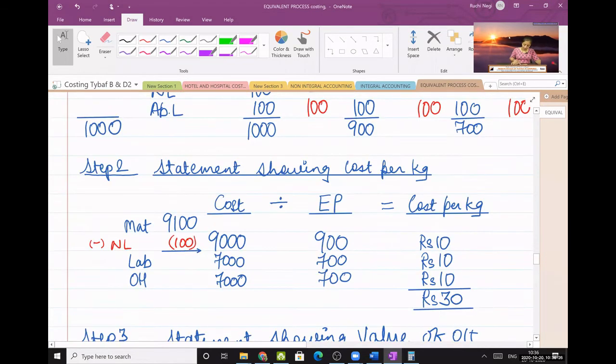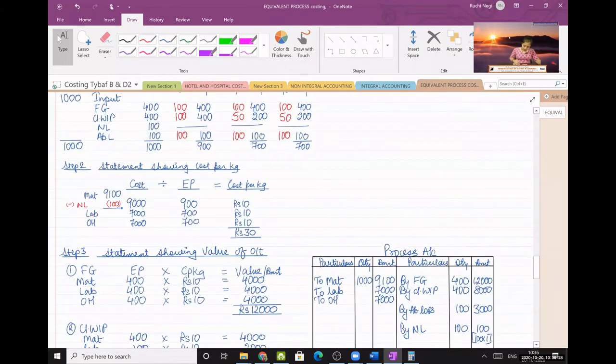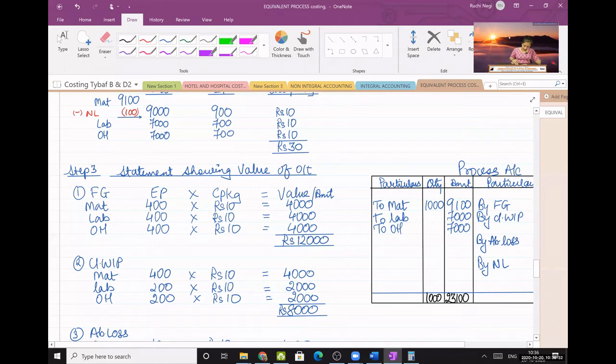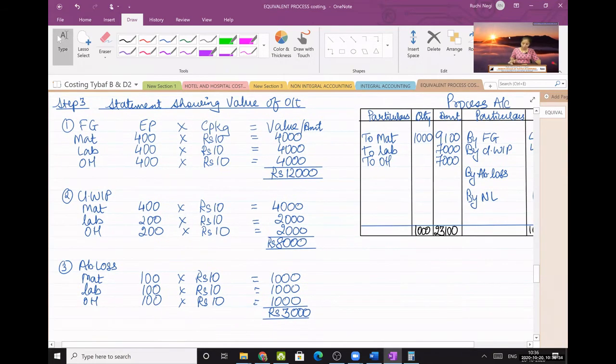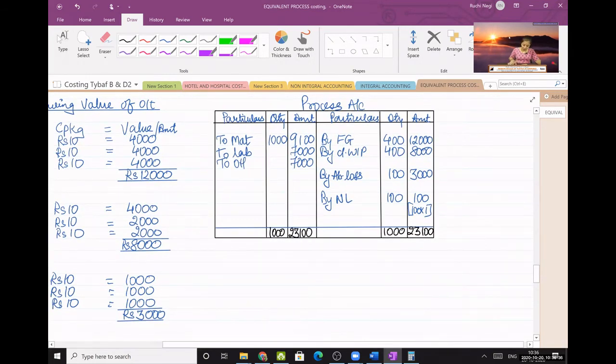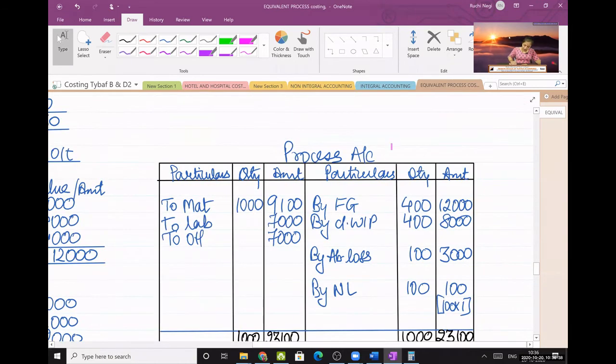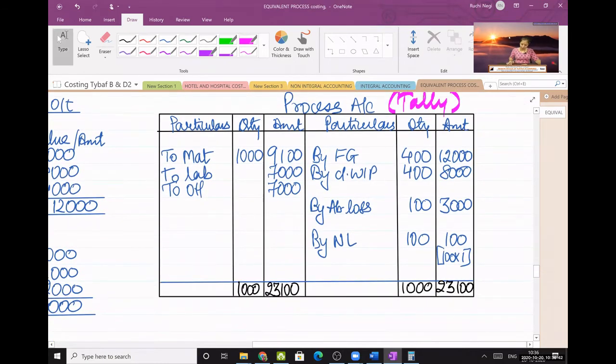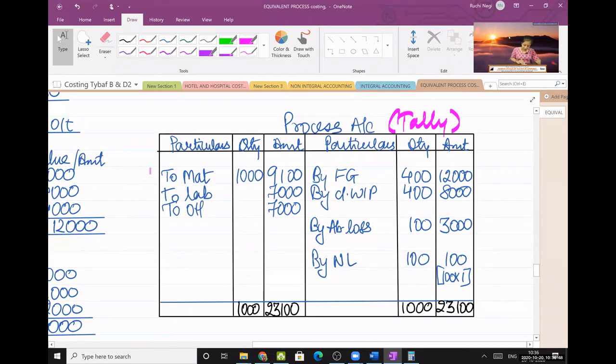Now you'll have to make a process account after this. So make a process account, and this process account has to tally. If it doesn't tally, it means you have done some error. Particulars, amount, quantity: material, labor, overheads.